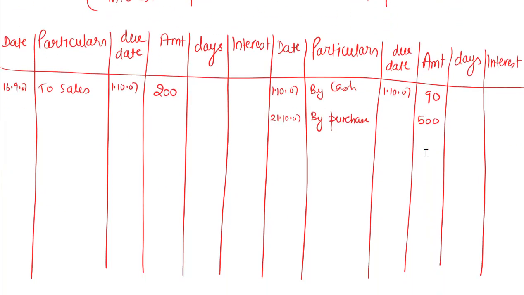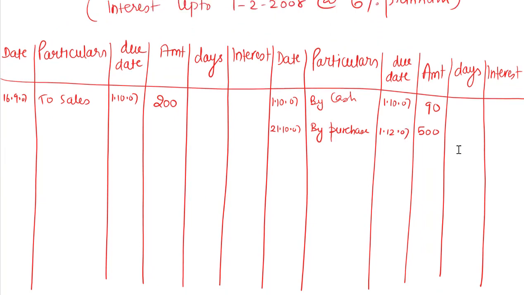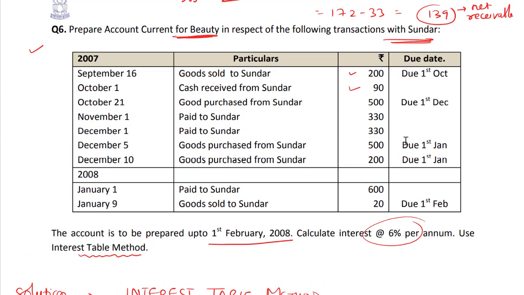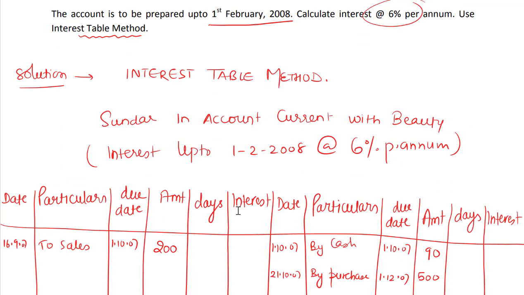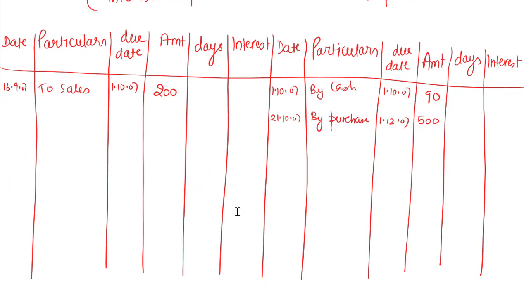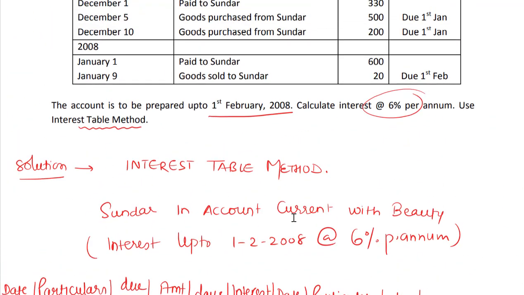The due date is 1st December 07. Next, paid to Sundar 330 on 1st November. On 1st November, paid to Sundar 330. So to cash 330, 1st November 07. 1st November 07 is the due date.